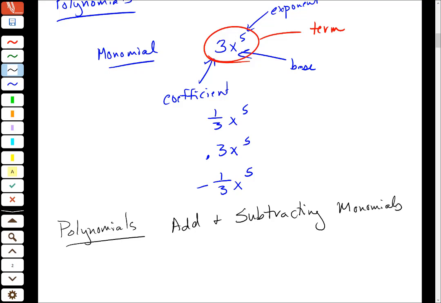So as long as you have a bunch of monomials and you stick them together with addition and subtraction, this is called a polynomial. So an example, y'all have seen these, let's say 5x squared minus 3x plus 2 is an example of a polynomial, right?